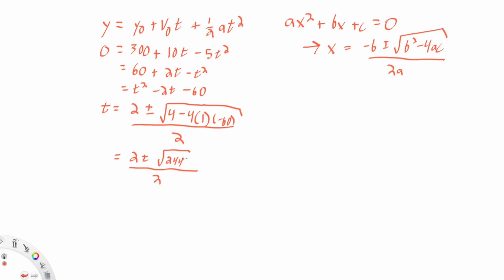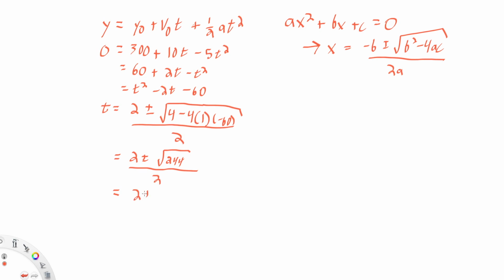But 244 is close-ish to 256, which is the square of 16, and then approximately the same amount in the other direction is 225, which is 15 squared. So I'm going to say this square root here is about 15.5, because it's about halfway between 15 squared and 16 squared.